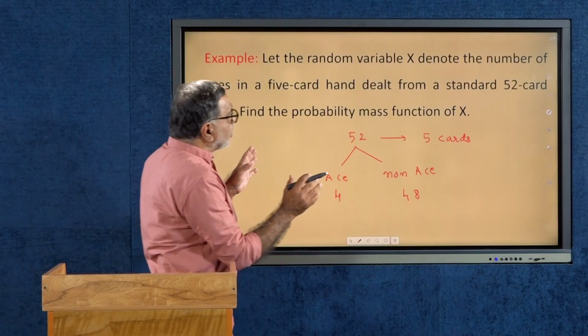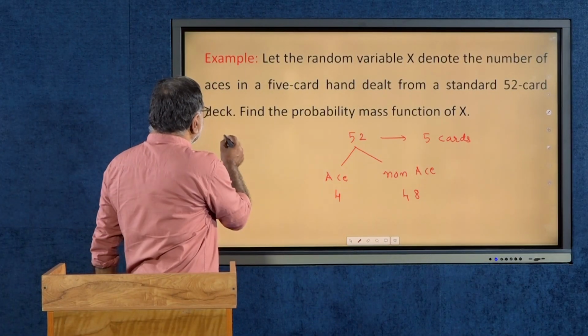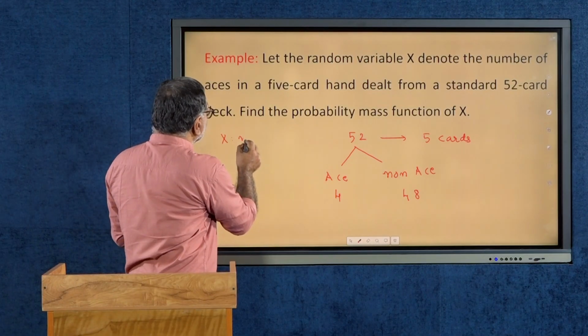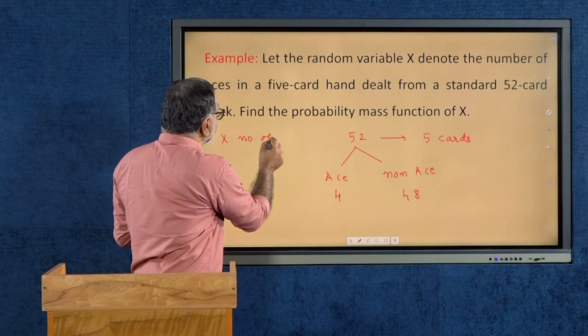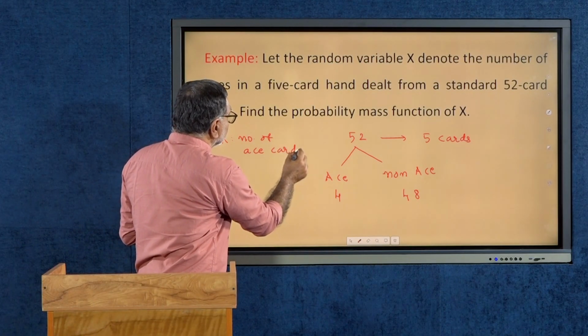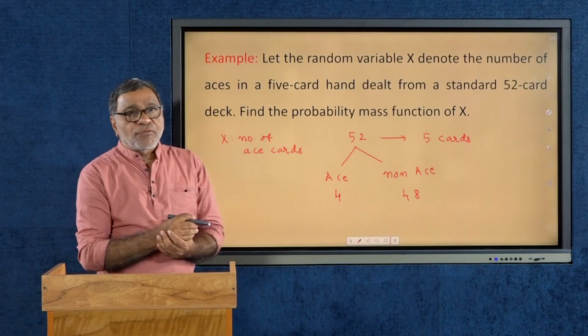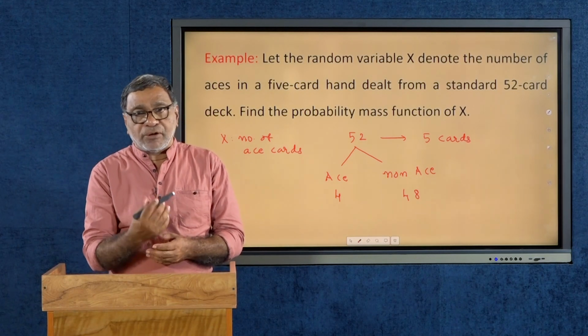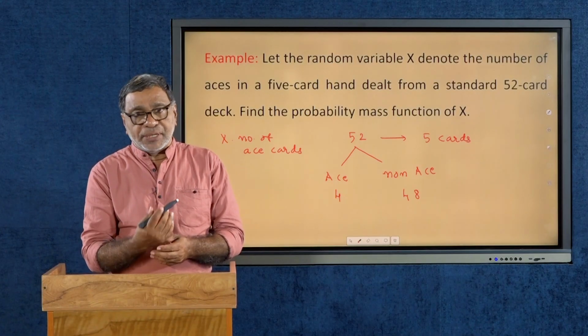Then write the probability mass function of X. What is X? Here the random variable X is the number of ace cards obtained when we are selecting 5 cards from a pack of playing cards without replacement.